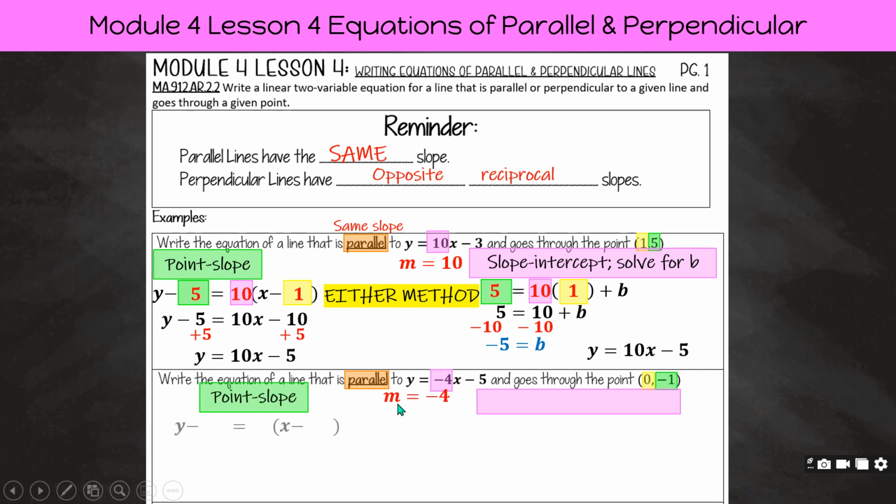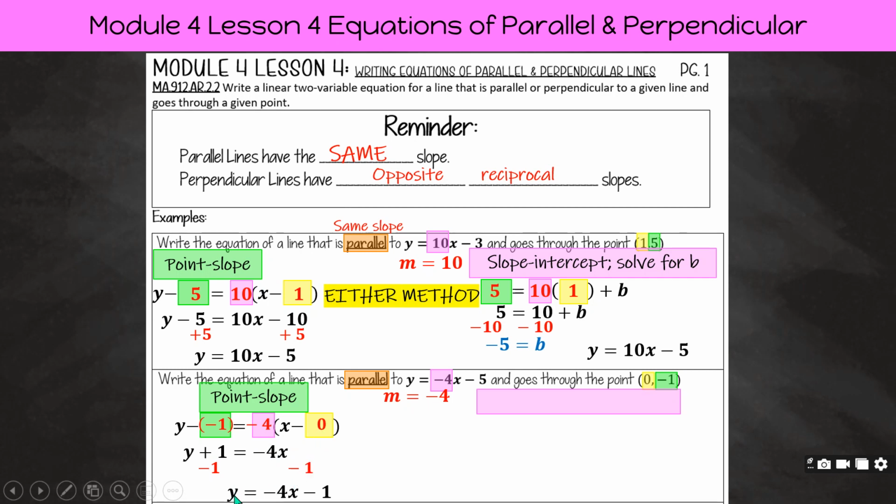So if I'm using point slope form, I'm going to plug in my y value, negative 1, my m value, negative 4, and my x value of 0, and then simplify. Looks like my animations are off. So once I plug that all in, when I subtract a negative 1, it became a positive 1. Negative 4 times x was a negative 4x, and negative 4 times 0 just became 0.